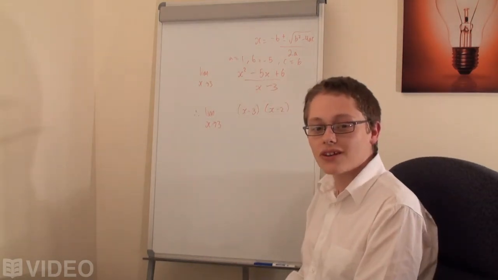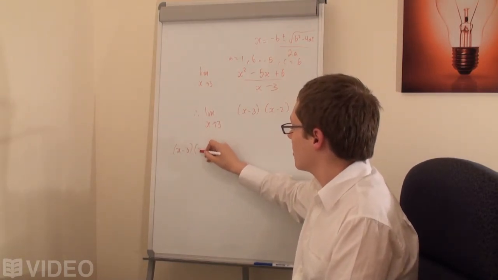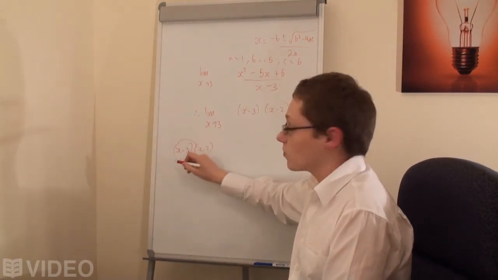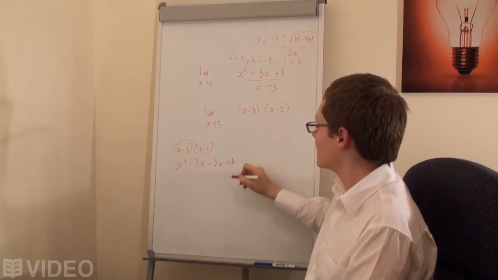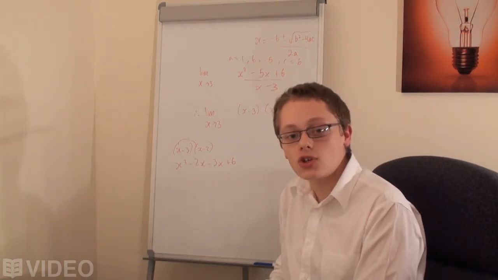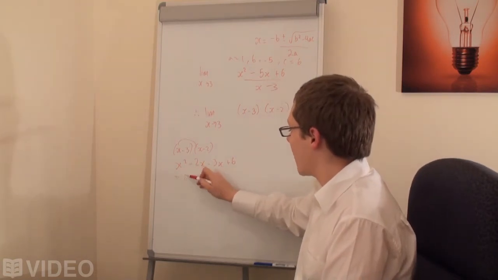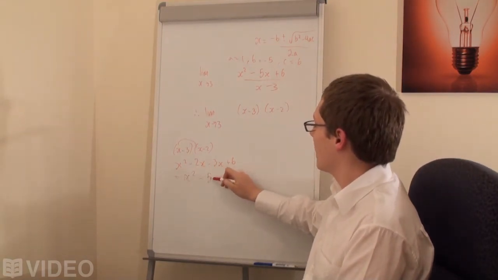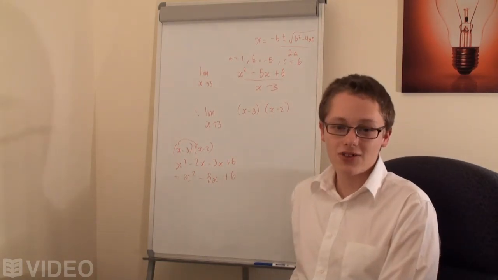If you're not sure, you can always check. X squared, take 2x, take 3x, plus 6. Because remember, negative 3 times negative 2 is going to make positive 6. And hence, voila, we get x squared take 5x plus 6. That means we've factorised correctly.